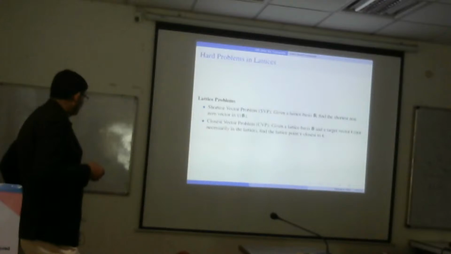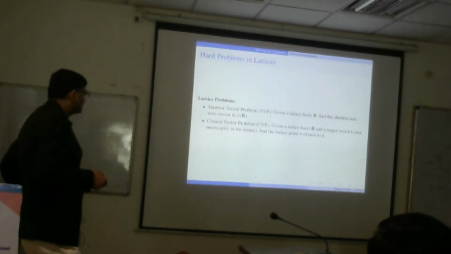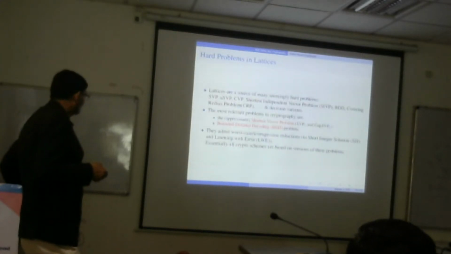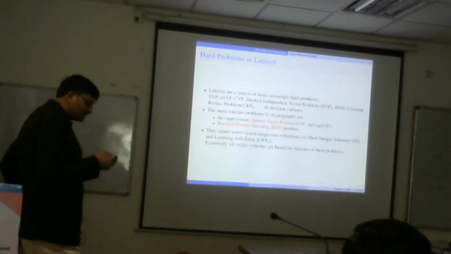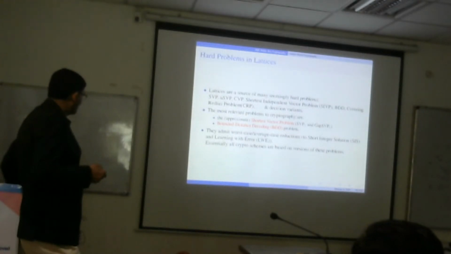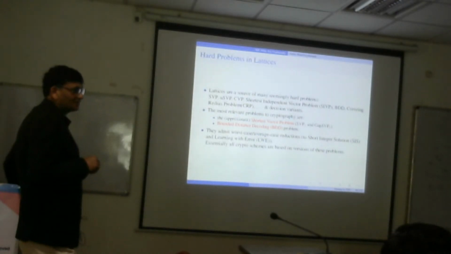Then the closest vector problem: given a vector, find the other vector which is closest to it. So we have certain mathematical problems, like the discrete log problem in groups. We have certain problems in lattices, like the shortest vector problem and closest vector problem, that can be used to design a crypto system. Lattice-based is the most popular crypto system nowadays.